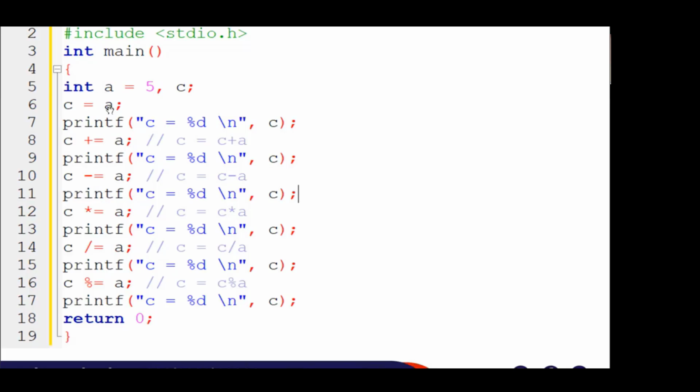And then in line 16, where we are supposed to find the modulus of c and a, the current value for c is 5. If we divide 5 by a, what is the remainder? So in this case, our c in line 16 would become 0.